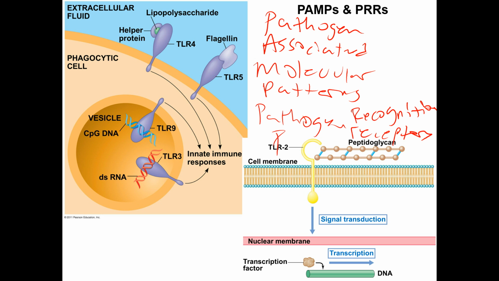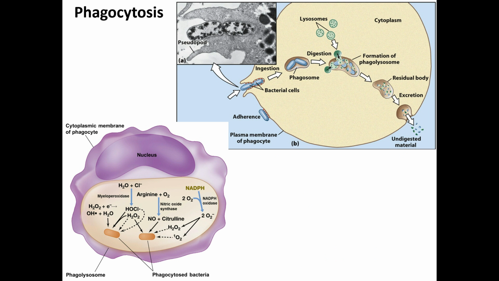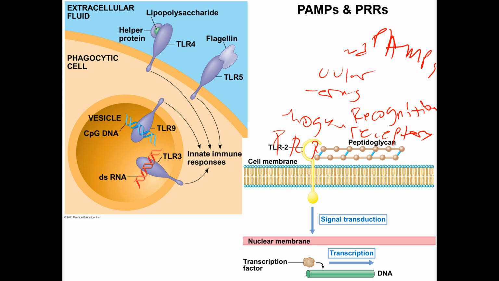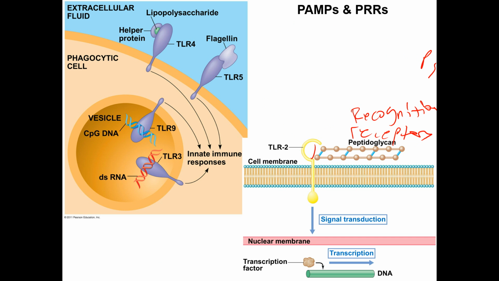These are PRRs and these are our PAMPs. These pathogen associated molecular patterns are going to be typically biological molecules.